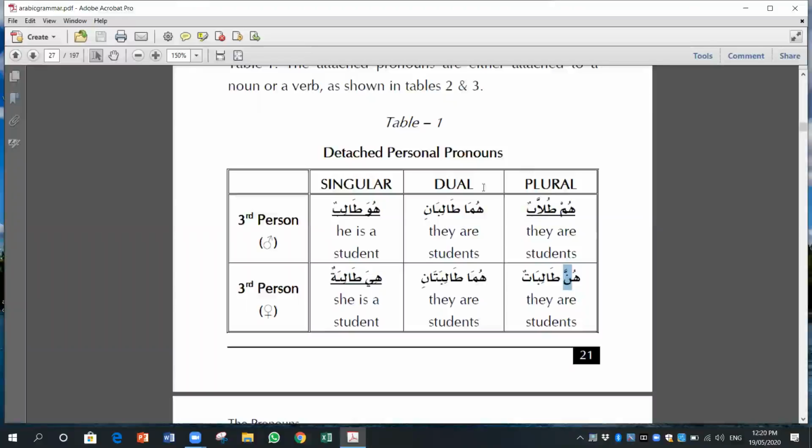Also, whatever I say in the beginning will be for male gender, and the second line will be for female gender. If I say huwa, huma, hum, hiya, huma, hunna, it should be understood that the second line is for all female pronouns. Is that clear?